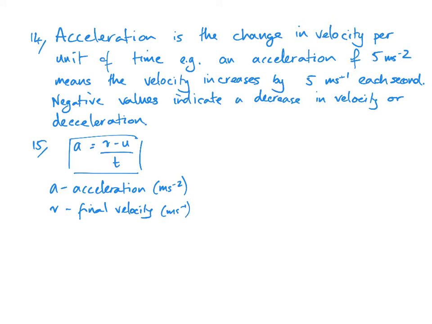So up to now we've just used v to mean velocity, but in these examples we've got two velocities, so we need to use different letters to distinguish between them. And if you think about the alphabet, u comes just before v. So u is the velocity at the start, or the initial velocity, and v is the final velocity. And t is the time measured in seconds.